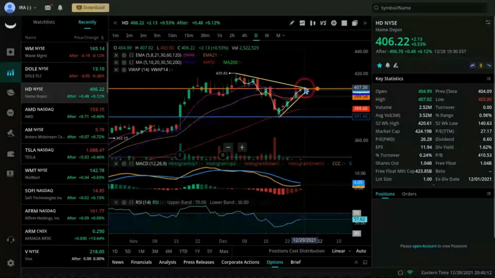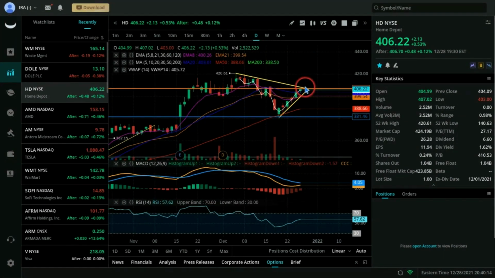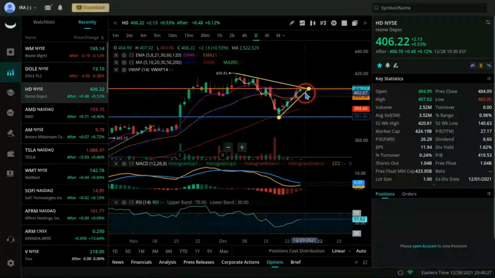Go above our trend line to get our call trigger, which would be 408.87. We'll go below the bottom trend line to get our put trigger, which would be 401.69.